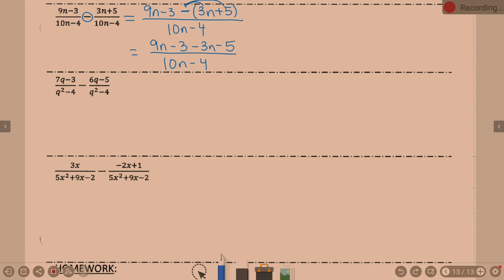You have to remember that the subtraction sign goes to everything that follows after it. So 9n minus 3n, as you said, was 6n. Negative 3 minus 5 is negative 8. Still over 10n minus 4.